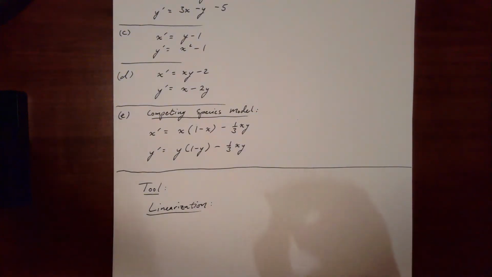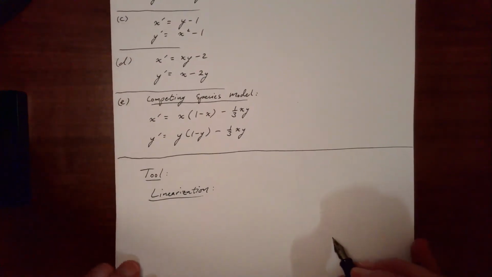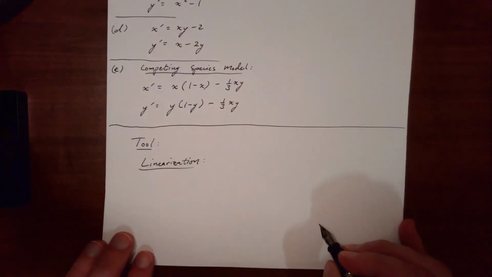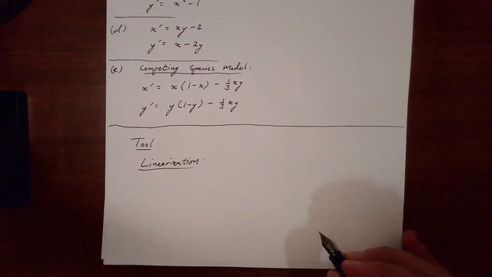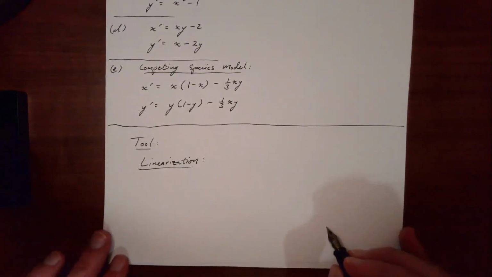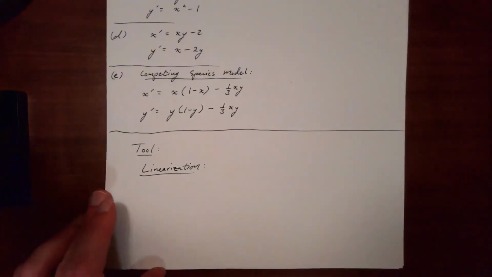The basic idea of linearization is that when we are next to an equilibrium for these systems, and we'll have to find these equilibria, we're going to have to work for them. They're not going to be just for free by default at the origin anymore. But when we have found the equilibria, we can approximate our system by a linear system to get the behavior near those equilibria.